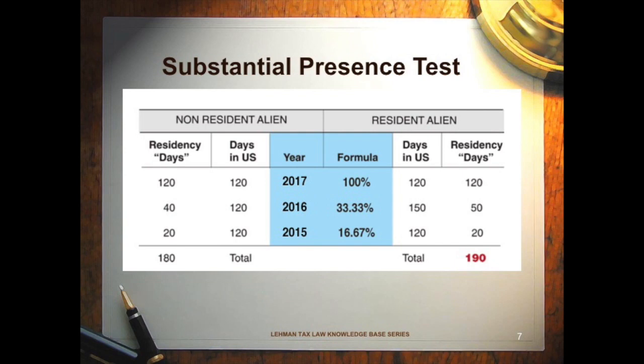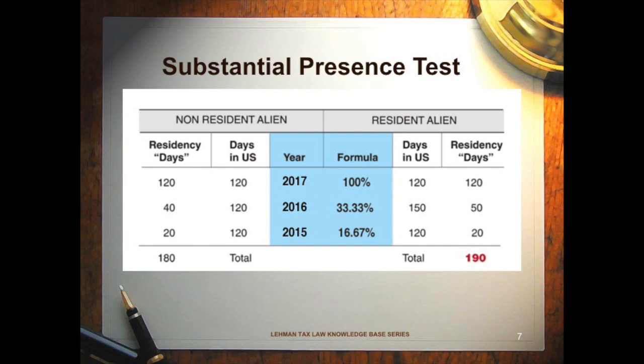Next, we go to the year before the measuring year, 2016. And we're assuming in this model that this taxpayer on the left-hand side, the one that is continuing to be a non-resident alien, spent 120 days in the U.S. for each of 3 years.